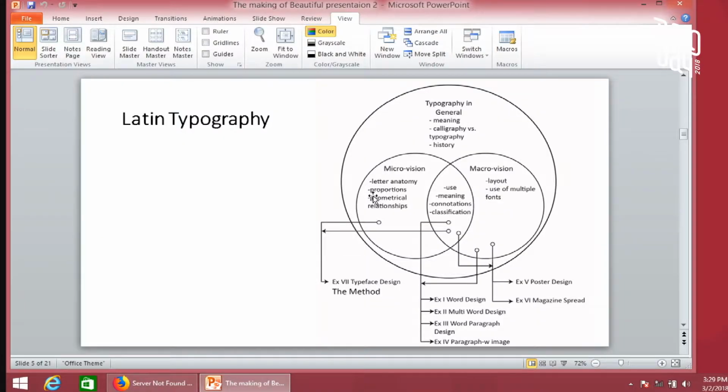I'm not going to go through the structure of our syllabus in Latin typography, but I will go briefly through it. Typography in Latin consists of 2 levels, microvision and macrovision of typography. We combine those with uses and meaning and connotations plus classifications at both levels.